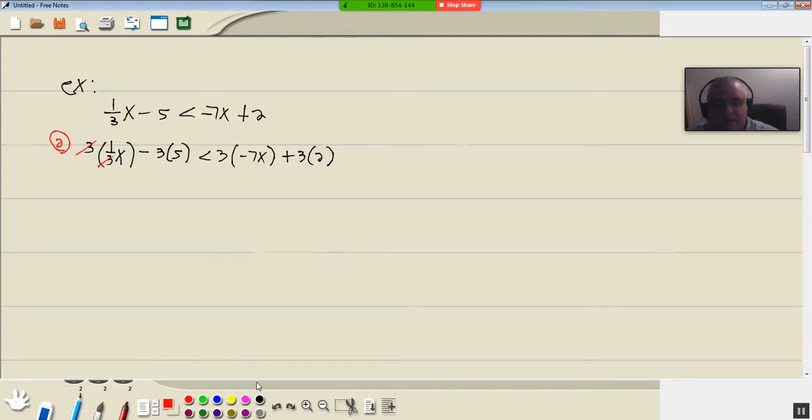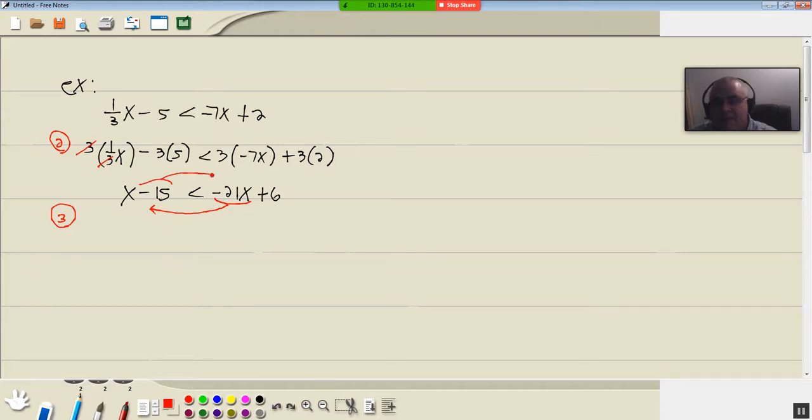Now these 3's going to cancel, and I got 1x or x minus 3 times 5 is 15. It's less than 3 times negative 7 is negative 21x, and 3 times 2 is 6. Step 3. Get everything with an x on the left side, numbers on the right side. So I'll take negative 21x, move it over.